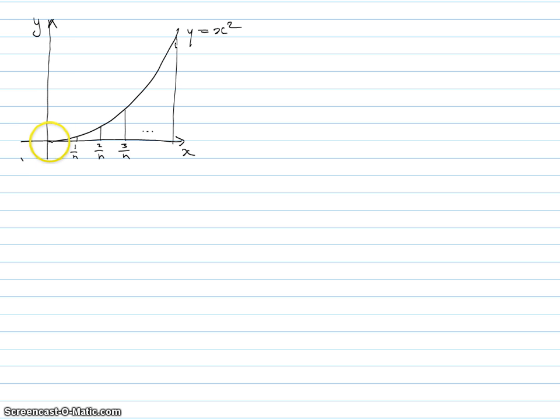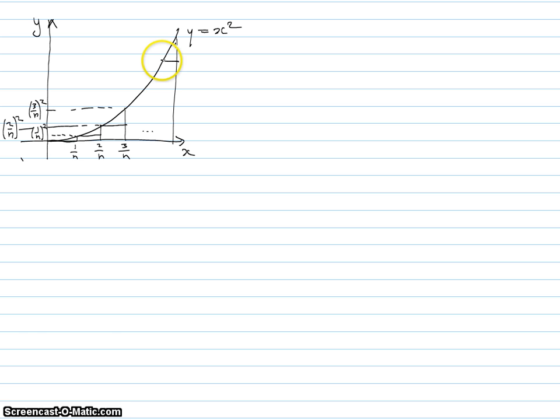So this first one is 0. The second one here has 1 over n squared. This one here is my 2 over n squared. And then the next one up here would be my 3 over n squared. But I've run out of room.